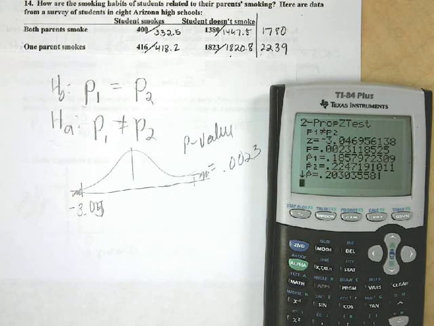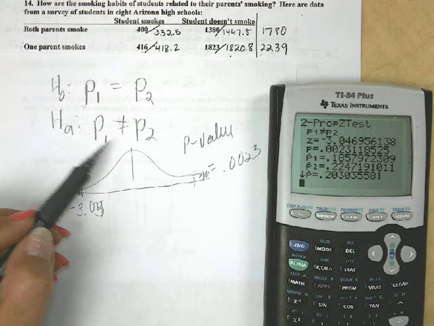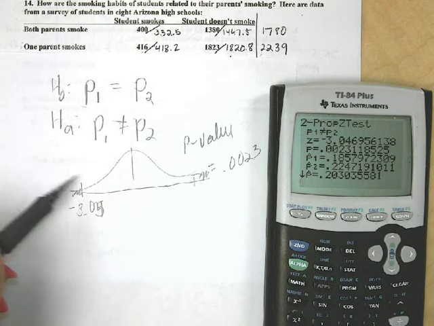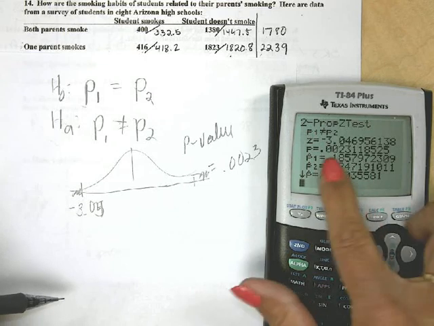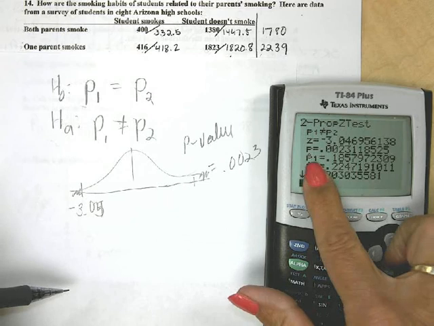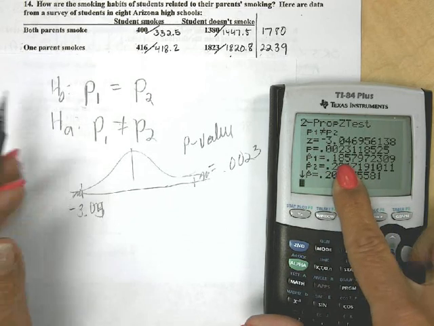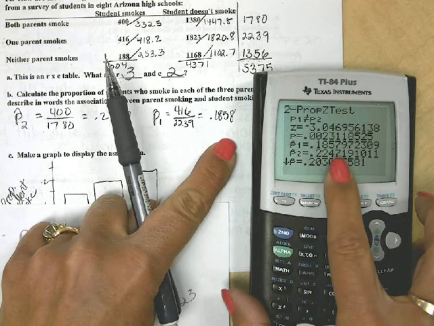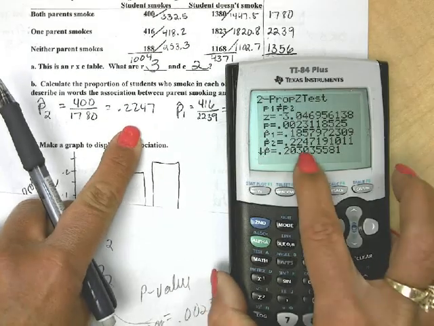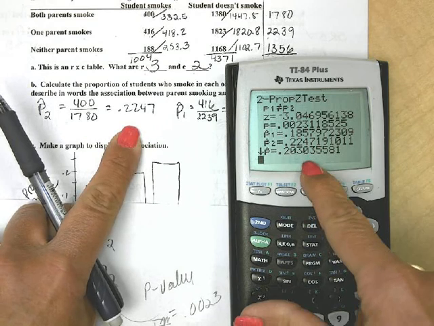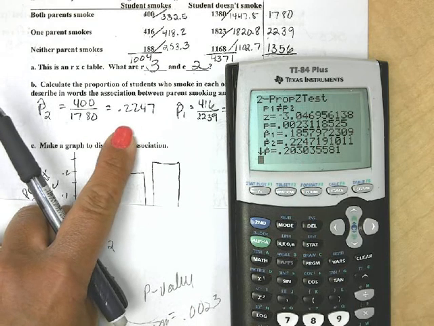We have evidence to say that the proportion of students who smoke if they have one parent versus two is definitely not the same. We have strong evidence against that. This p-hat 1 is the proportion we have for this value. The p-hat 2 was this value. And this was the pooled p, if we went through and did the longhand calculation for our analysis.